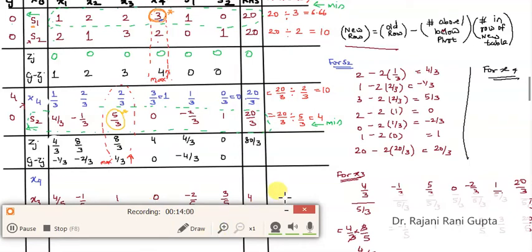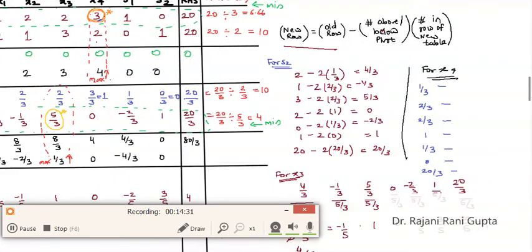Let me write it in blue. 1 over 3, 2 over 3, 2 over 3, 1, 1 over 3, 0, 20 over 3, minus the number above or below the pivot. Here the pivot and the row above, so the number above, which is 2 by 3. So it's 2 by 3 in all.